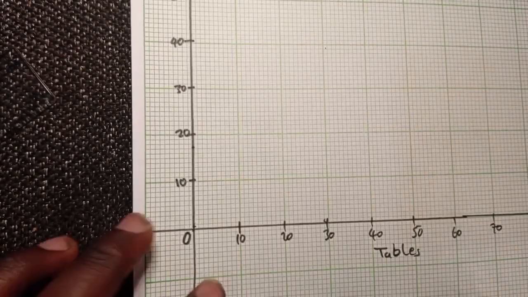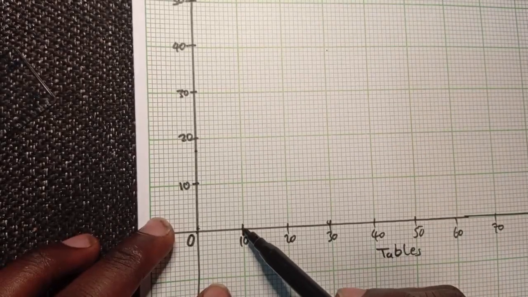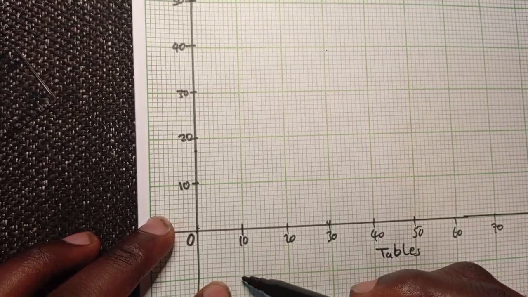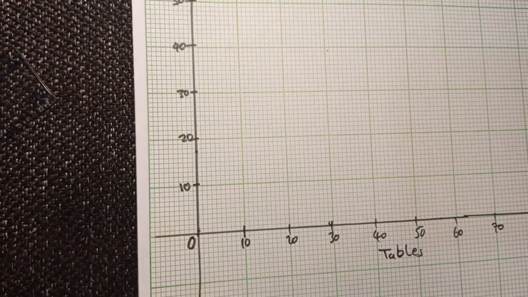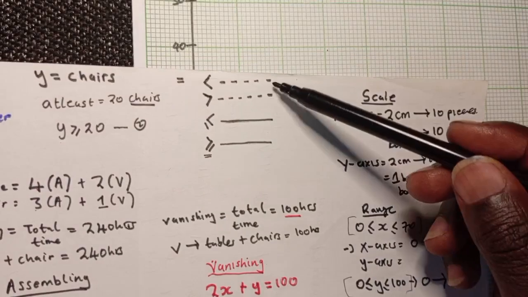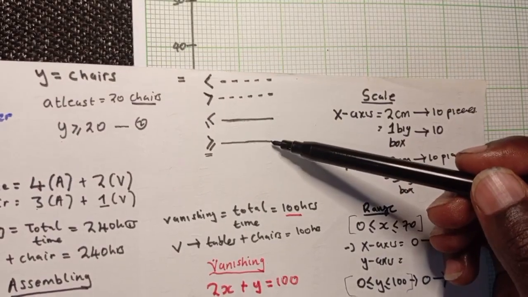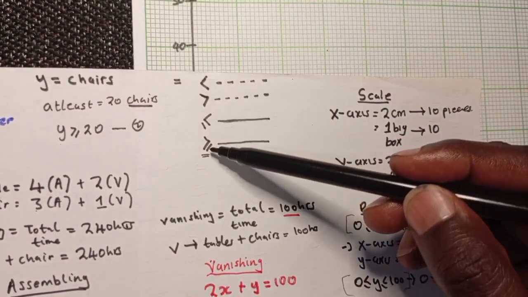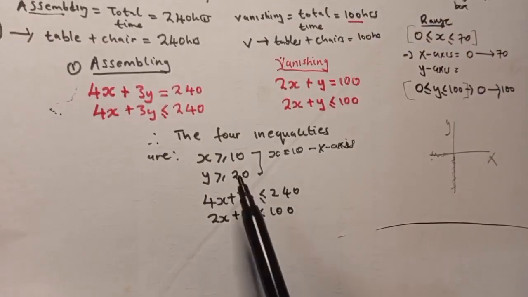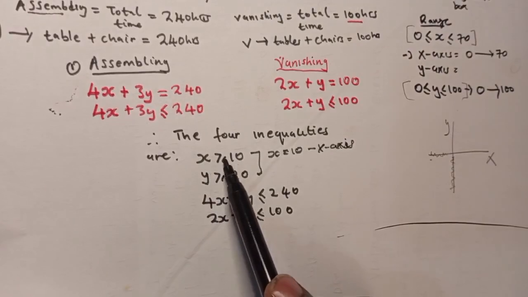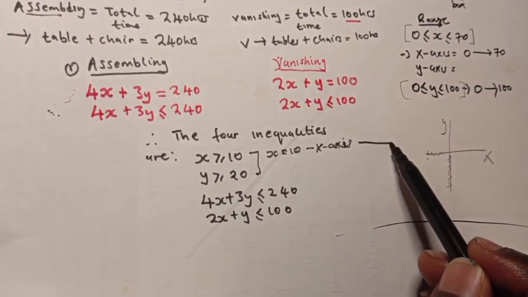We look for 10 on the x-axis. 10 happens to be here. So we need to draw a line that is passing at 10. Now, what type of line? Remember, I said we have dotted lines and bold lines, and which line you use, you look at the sign you have. Those that have an equal sign are all bold lines. And looking at this, x greater than or equal to 10, this will be a bold line.